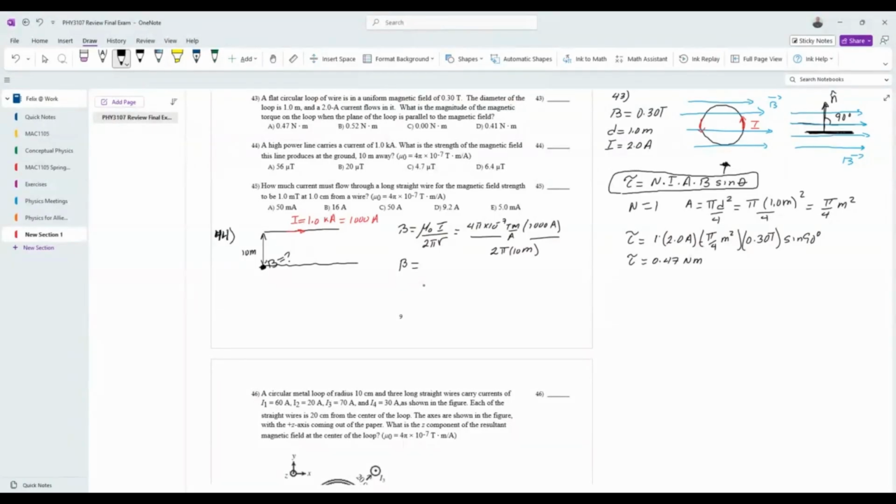When you calculate this, you will find that the strength of the magnetic field would be 20.0 times 10 to the negative 6 tesla, which is the same as 20.0 microteslas. So 20 microtesla.